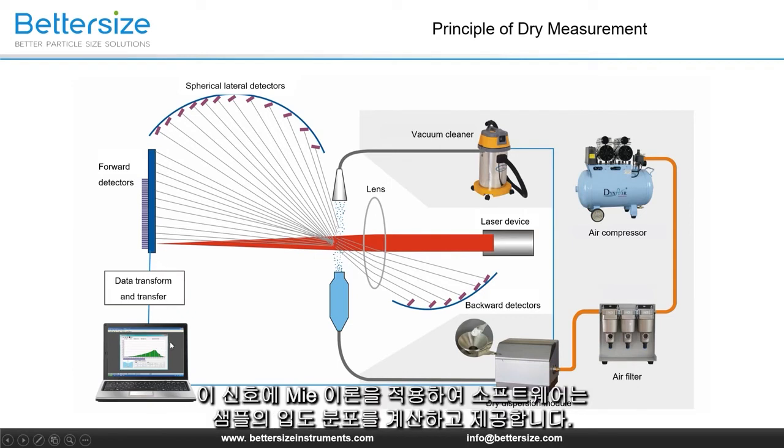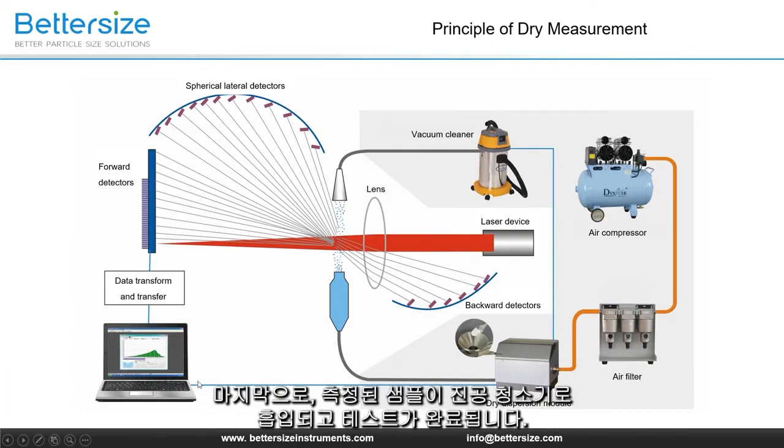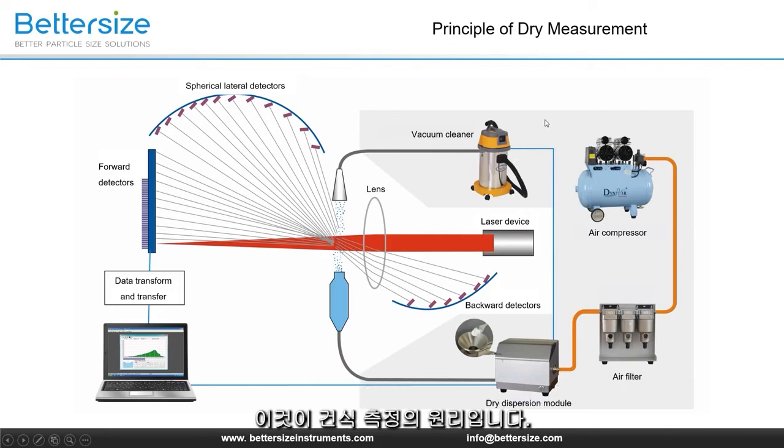Applying Mie theory to the signals, the specialized software calculates and provides the particle size distribution of the sample. Finally, the measured samples are collected into a vacuum cleaner for disposal, and the test is completed. This is the principle of dry measurement.